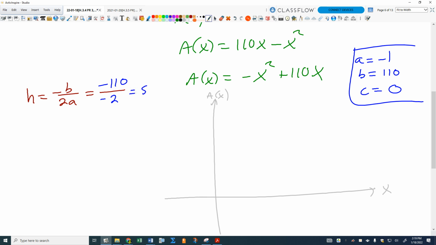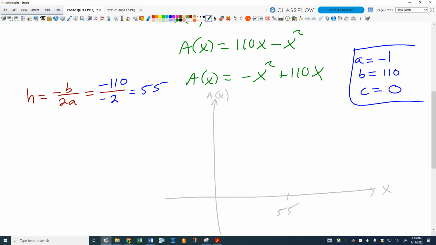Okay. Everybody agree? Okay. So over here at 55, let's just say arbitrarily that that's 55 right there, we know that that's going to be the x-coordinate of the vertex. How do I find the y-coordinate?